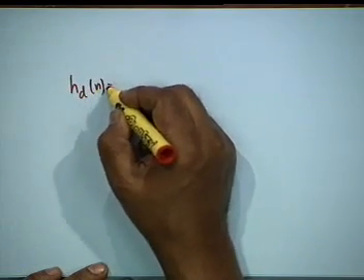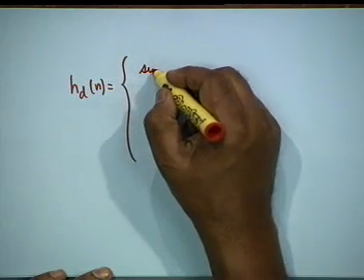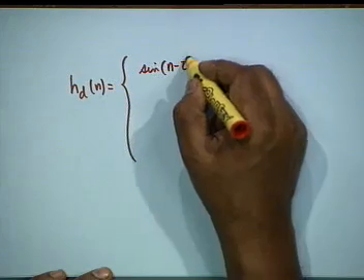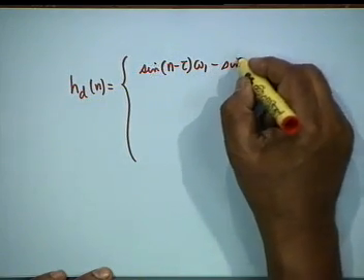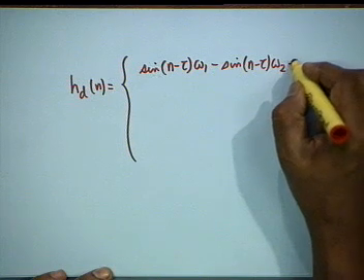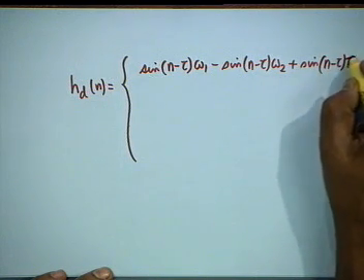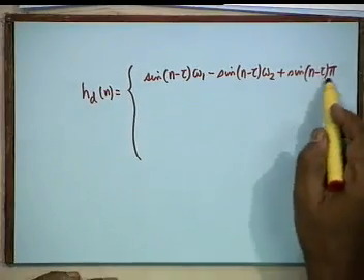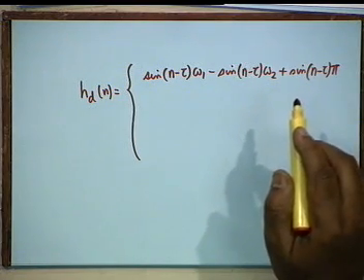The result is that h d n becomes equal to sine of n minus tau omega 1 minus sine of n minus tau omega 2 plus sine of n minus tau multiplied by pi. This appeared in our high pass filter also.